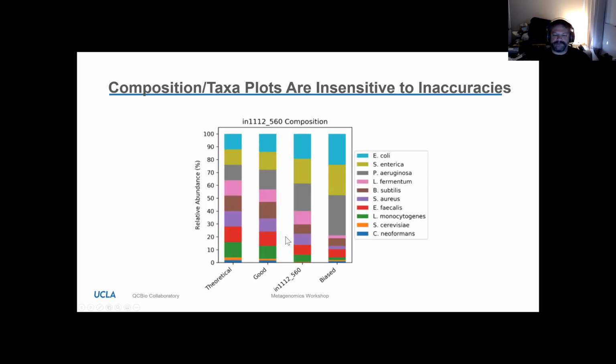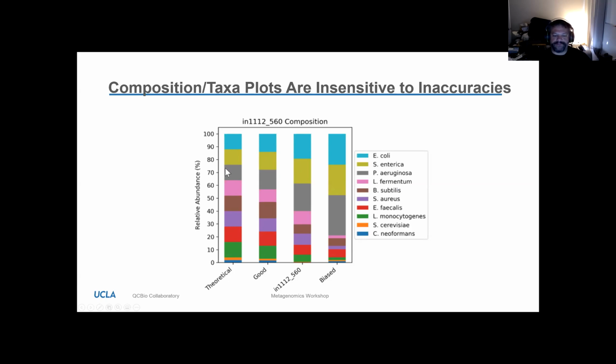One of the other things I fairly quickly figured out is that these composition taxa plots that I think everybody's used to seeing from microbiome data are pretty much insensitive to inaccuracies. I can look at this theoretical value, and again, this is just theoretical for the standard. There isn't really a good way to show manufacturing tolerances, so I kind of lose that ability.